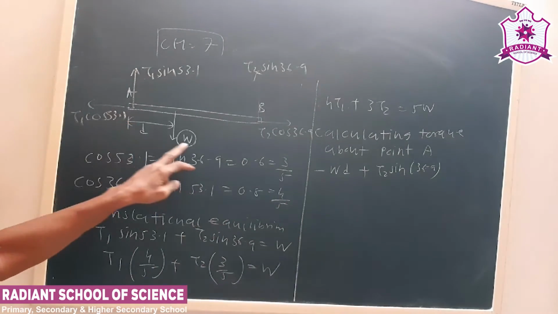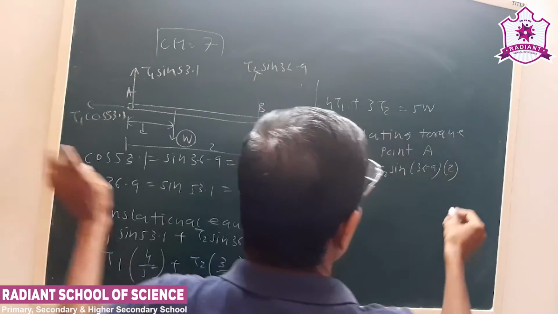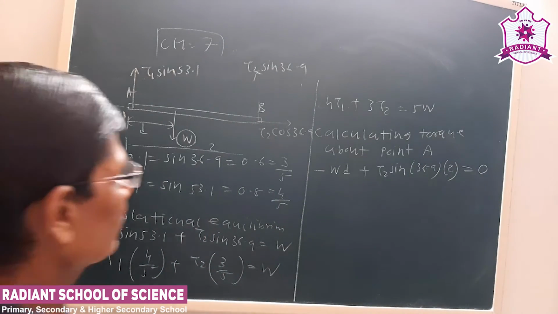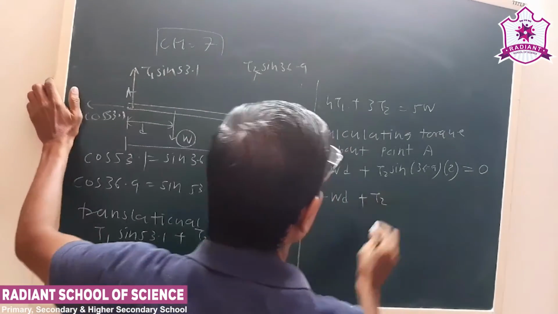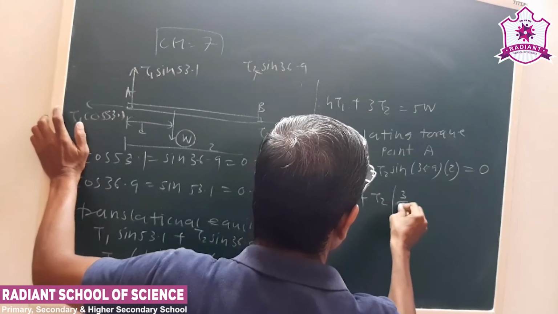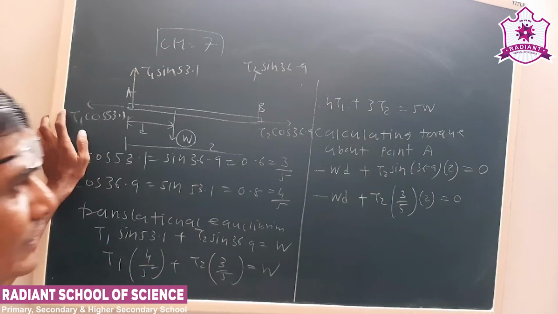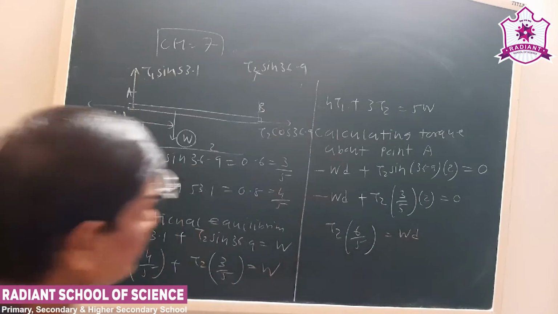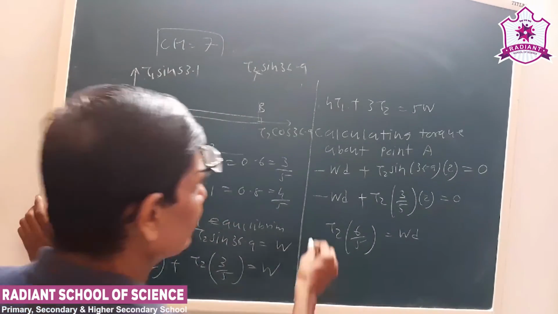See, the distance from A is total distance, given as 2 meter. Okay, and because it is rotational equilibrium, torque is 0. Now see, minus WD plus T2 sin 36.9, which is 3 by 5, into 2 is equal to 0. Okay, so T2 into 6 by 5 is WD.